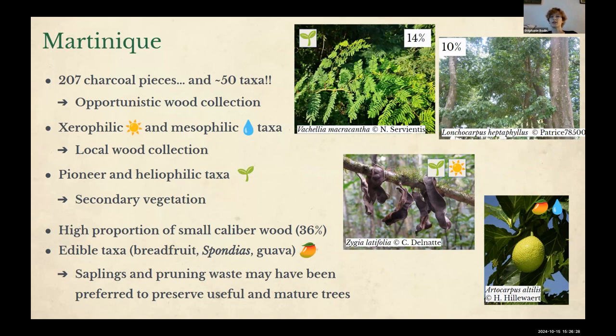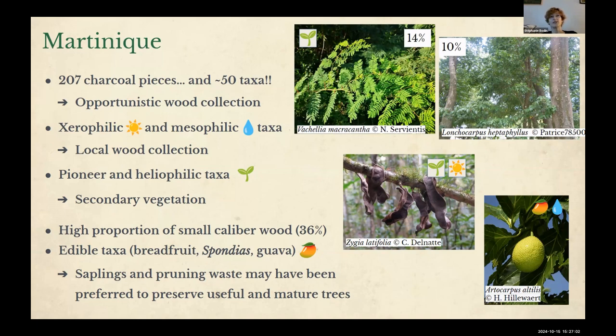We could see also that all the taxa found belonged either to the xerophilic or the mesophilic forest, or both. And so it means that the lime kiln workers were collecting wood very locally. And this is interesting. Actually, we were not expecting that, because there were interviews in Martinique with the former lime kiln workers, and there are only a few left now.